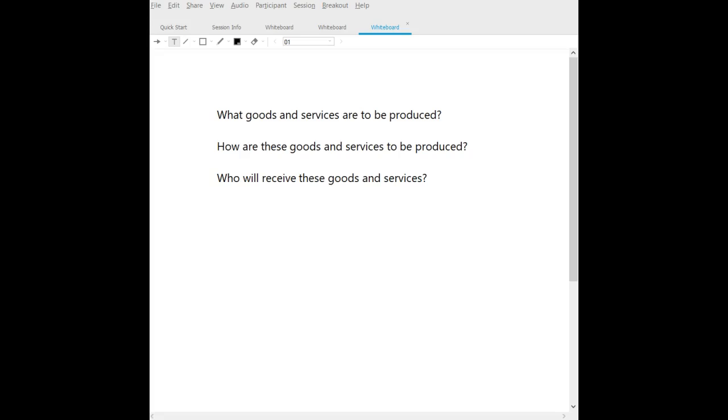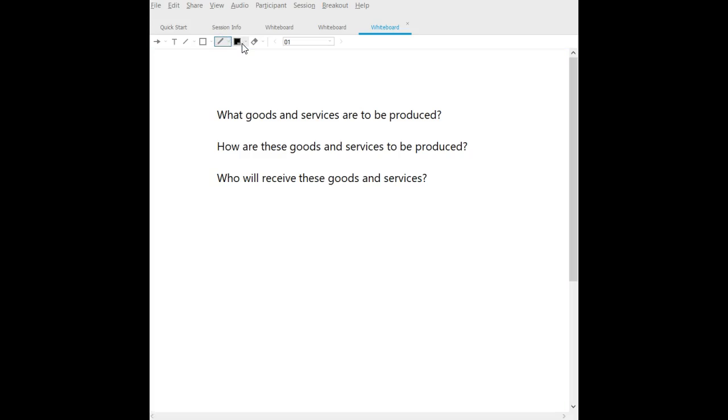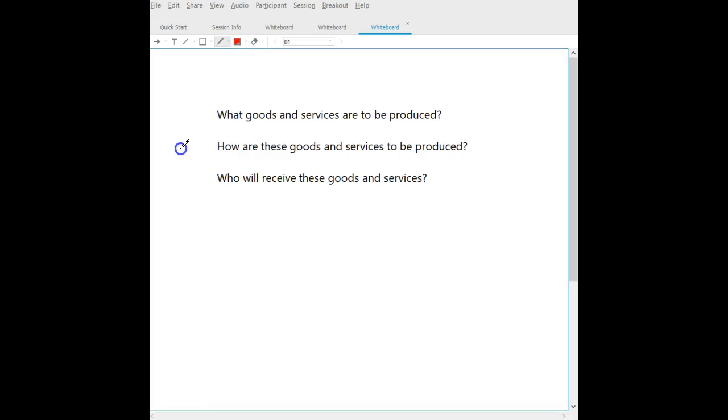So once we've asked these three questions and figured out what kind of economic system we have, or what goods and services are to be produced, we can go over how these goods and services are going to be produced. And this is what most of the topic of the lecture is going to be about.